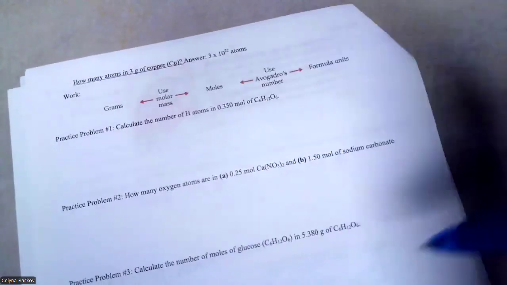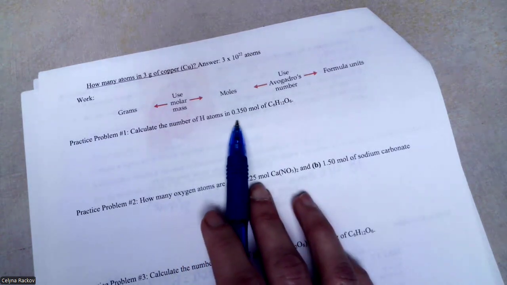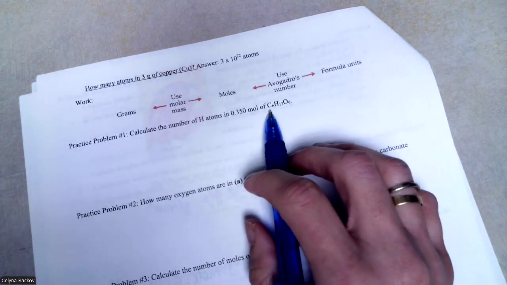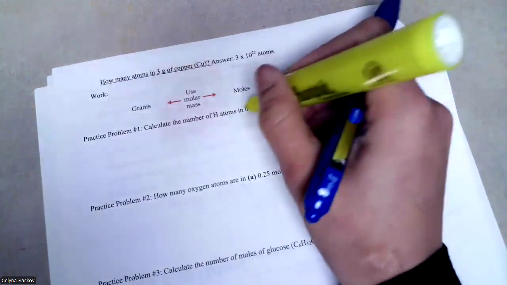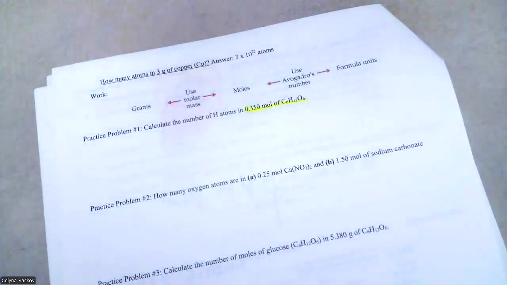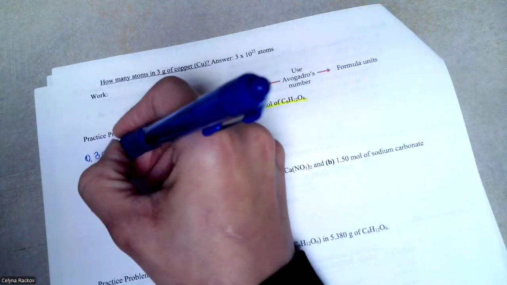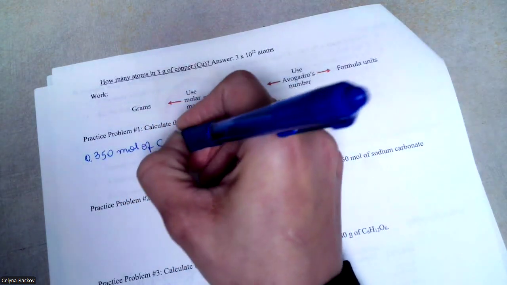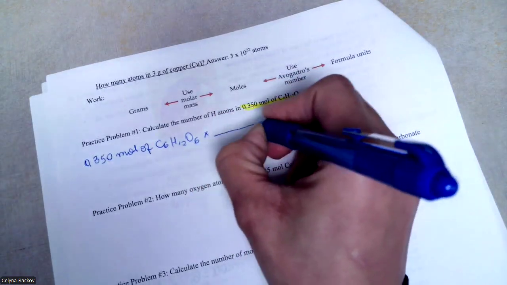For example here, calculate the number of hydrogen atoms in 0.350 moles of C6H12O6. So the first step, let's start with what was given: 0.350 moles of C6H12O6.